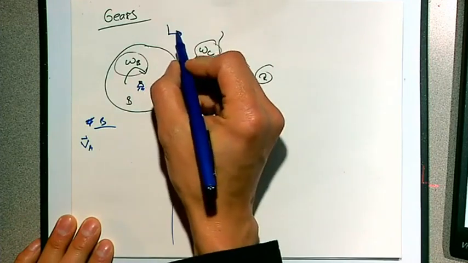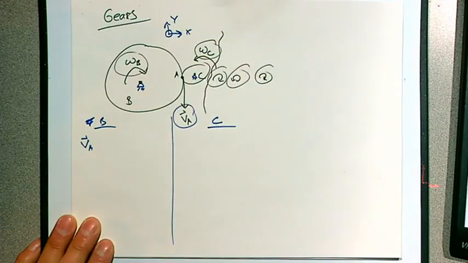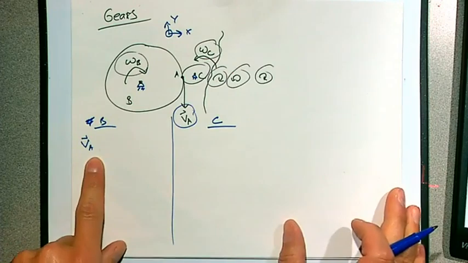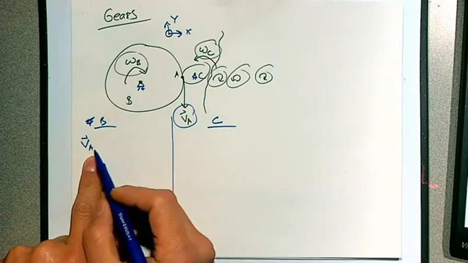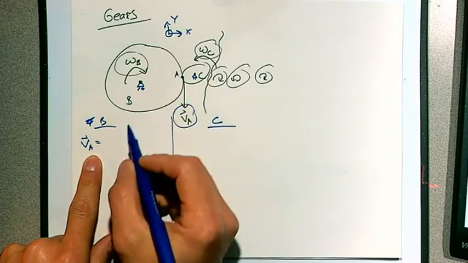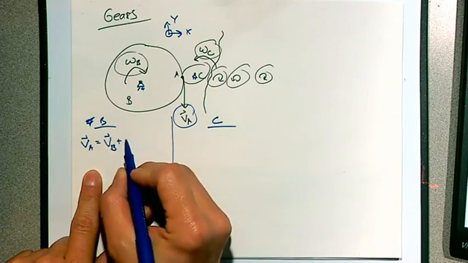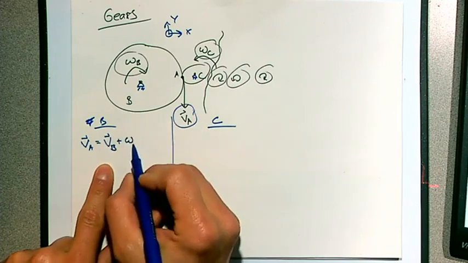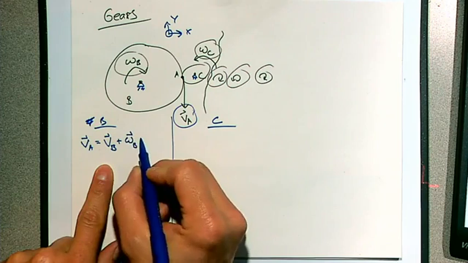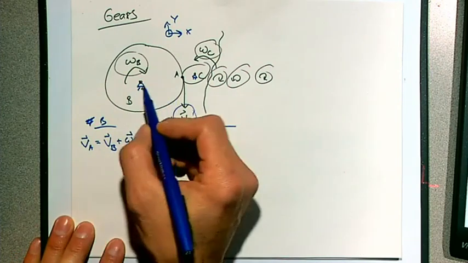I might as well throw a coordinate system on here so it makes sense: X, Y, Z out of the board. So what do we know about the vector method? My velocity of A for this rigid body is going to be the velocity of B plus the angular velocity of the body, omega B, crossed with the vector between them from B to A.